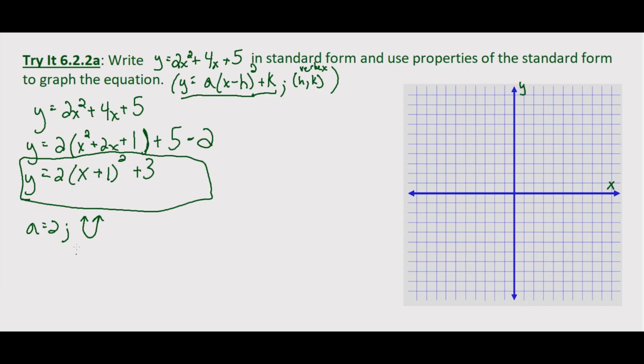So now our vertex, we said, remember, is (h, k), which in this case is, remember, it's x minus h. So x plus 1 is x minus negative 1. So h is going to be negative 1, and then k is 3. And this also means the axis of symmetry is going to be x equals negative 1.